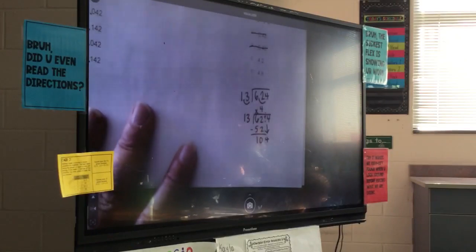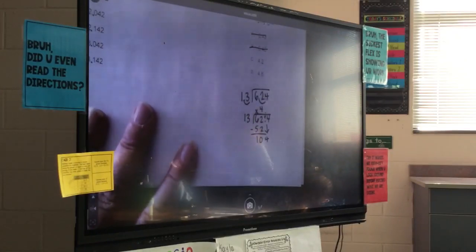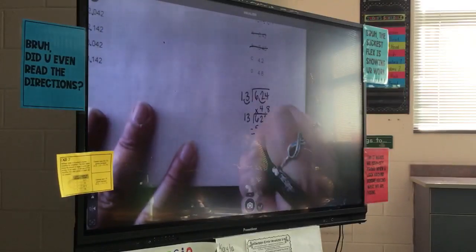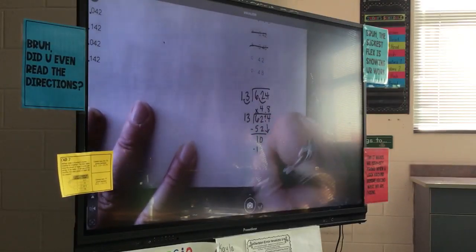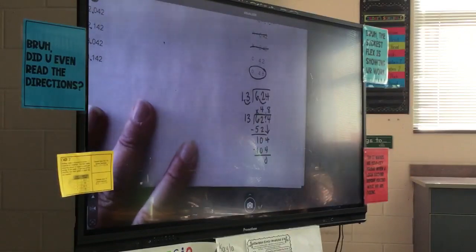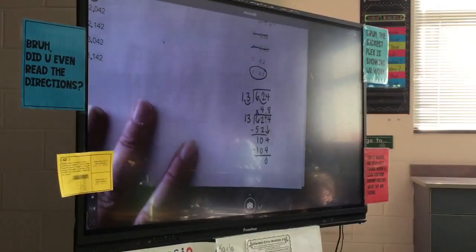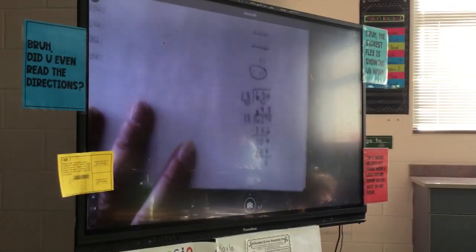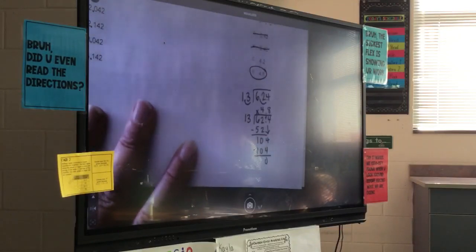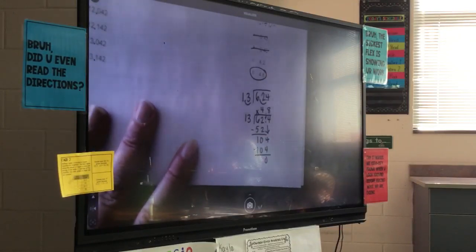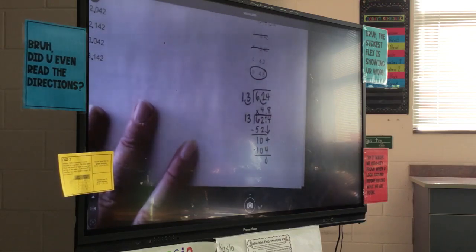We have to get what? 104. So there's only one answer choice that makes sense here. That is my answer. So even with decimals, can you still use your answer choices to help you with your division? Yes. Please do so on your test tomorrow. If you have multiple choice options, please use them however you need to.